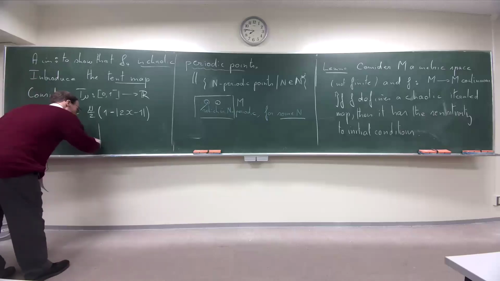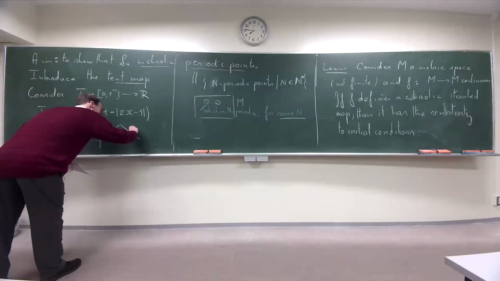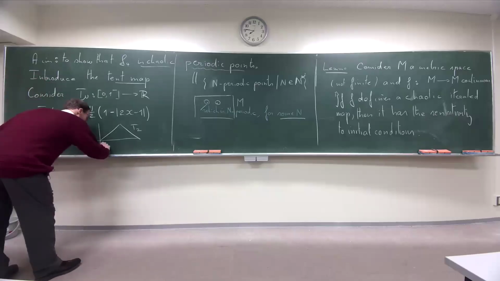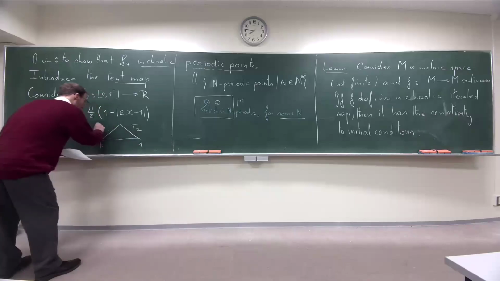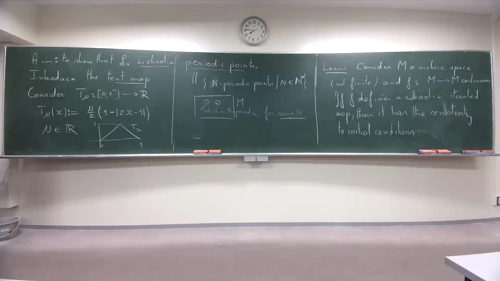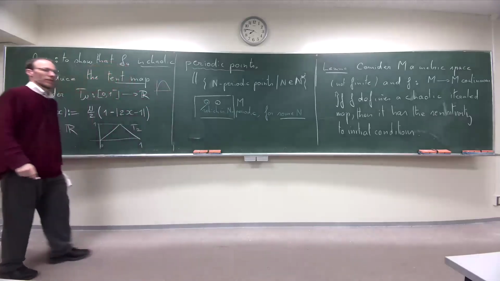If I draw T2, this is T2. Because of the absolute value, it has this shape. This is 0, 1. The maximum of T2 is at 1/2, and it's symmetric. If you have in mind the logistic equation, it is more like this.